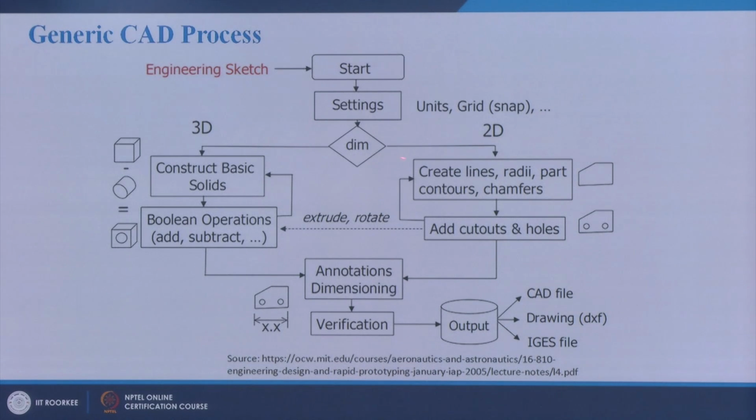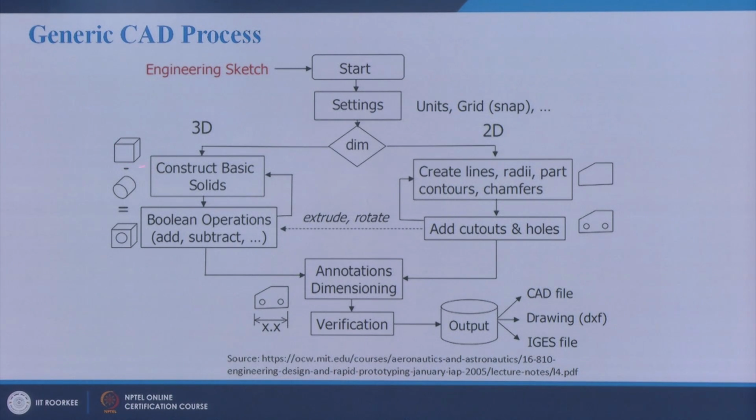Then you have to see whether you are going to use a 3-dimensional or 2-dimensional model. If you are going to use a 3-dimensional model, this may be a cube and a cylinder, a hole inside a square. From these two you can generate a third geometry.